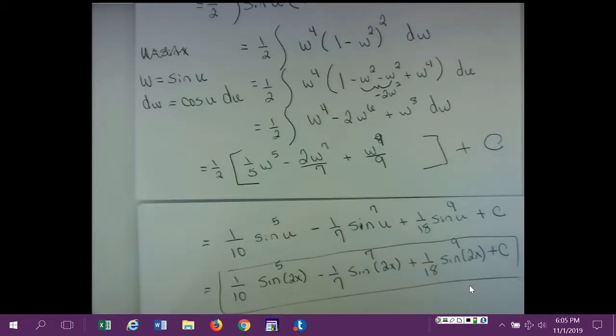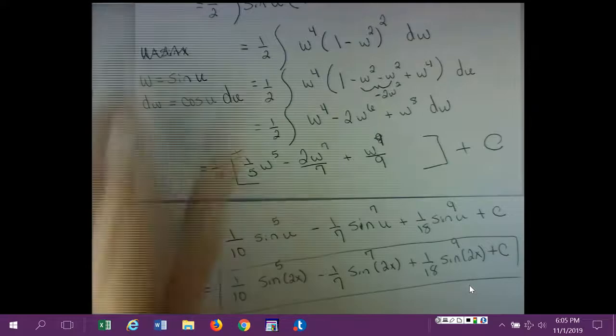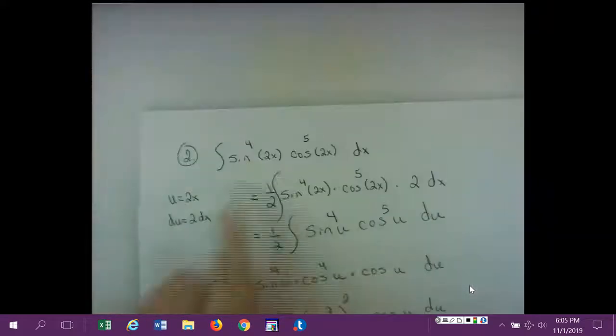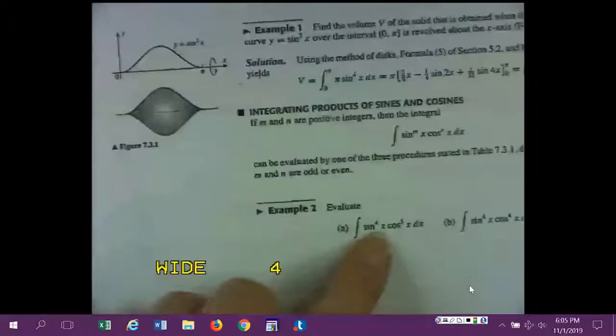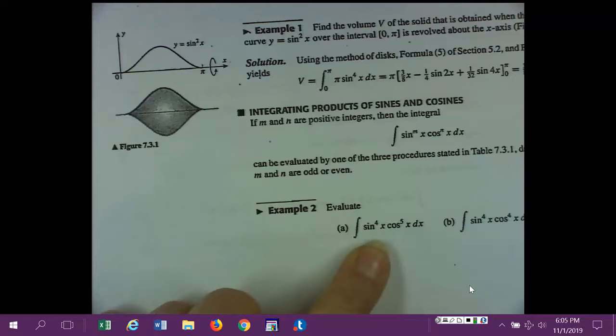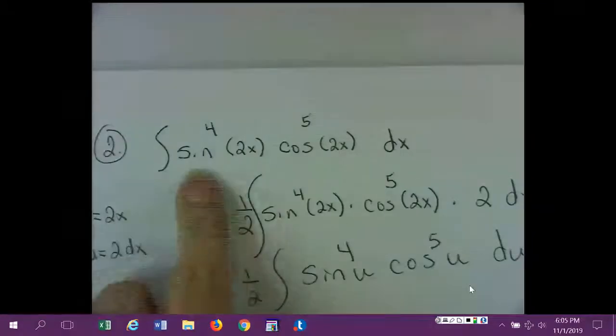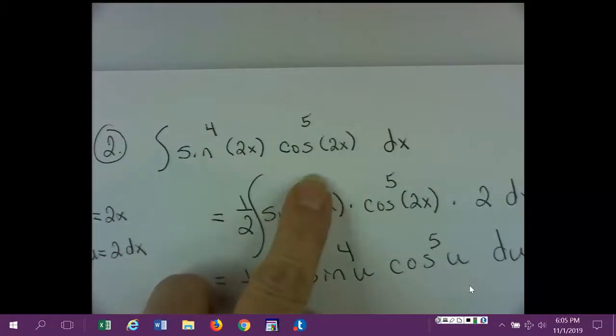In your insert, I made this particular example from this one. This insert shows you how to do sine of x to the 4th times cosine x to the 5th. I made it a little bit more difficult of a problem by making it sine of 2x to the 4th times cosine of 2x to the 5th.